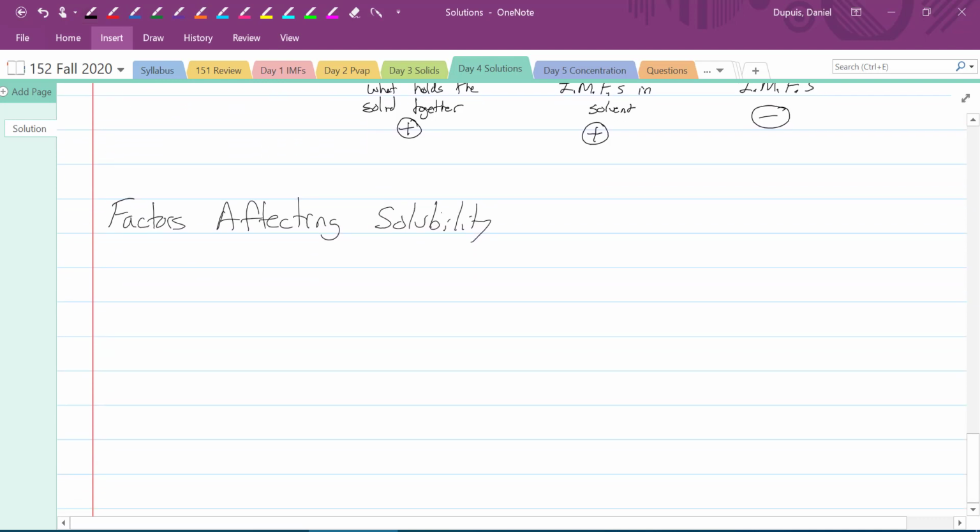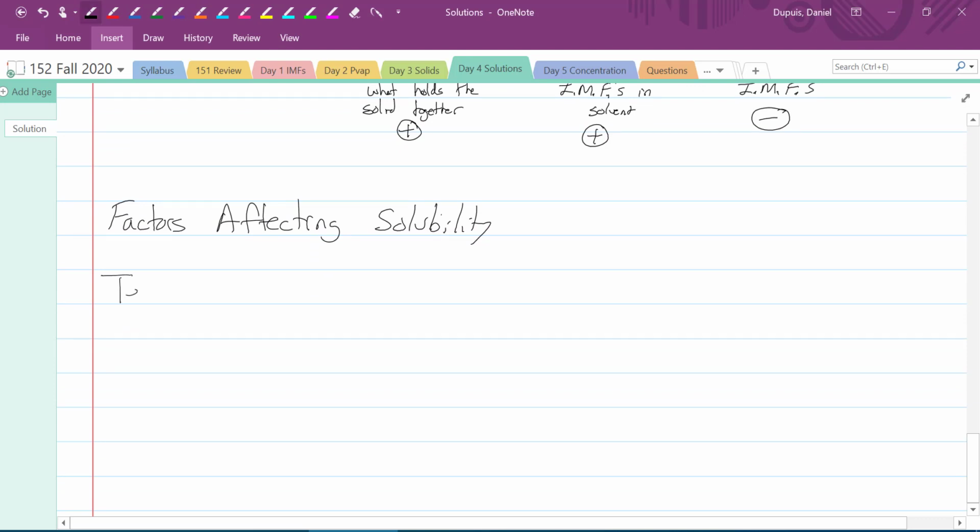And we already talked about one, temperature. Of course, temperature affects the solubility. When I say solubility, I'm talking about how much dissolves.